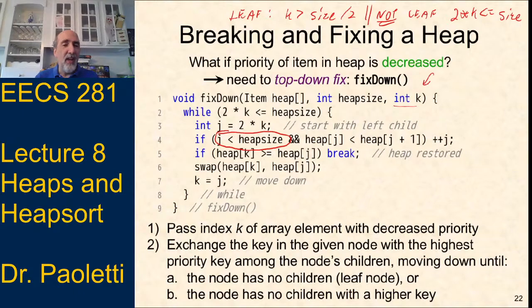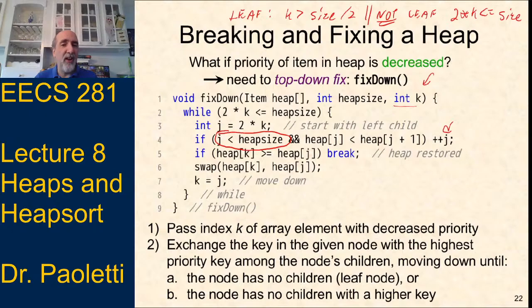So it's saying if there is a right child and the left child is less than the right child. So if both of those are true, if you have a right child and the left child is less than the right child, then increment j. So whether this if happens or not, j is the index of the highest priority child.